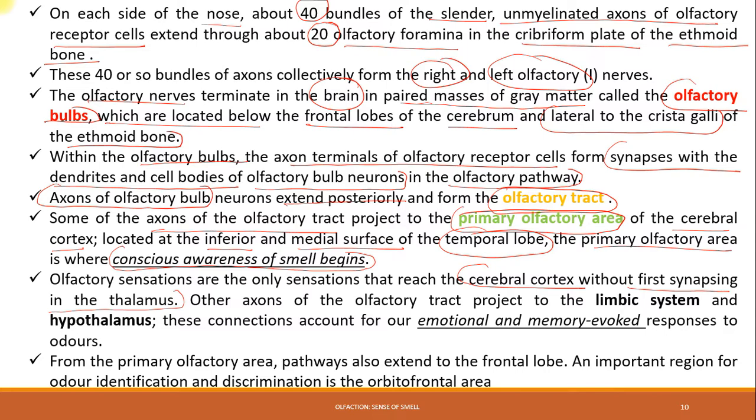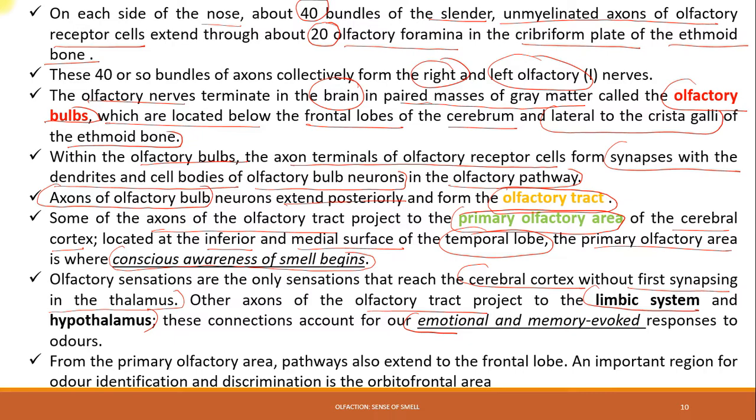Other axons of the olfactory tract project to the limbic system and the hypothalamus. I told you in the last chapter that whenever axons reach this system, that is the limbic system and the hypothalamus, it is associated with emotional and memory-evoked responses to odors. In the case of taste also, how you can remember a certain taste is because of neurons reaching the limbic system and hypothalamus.